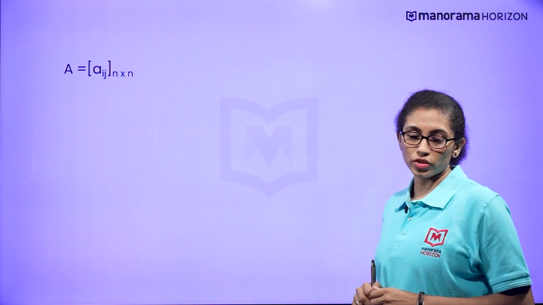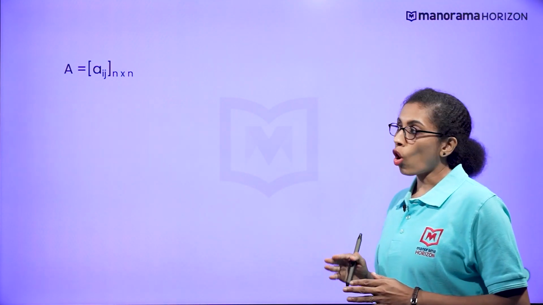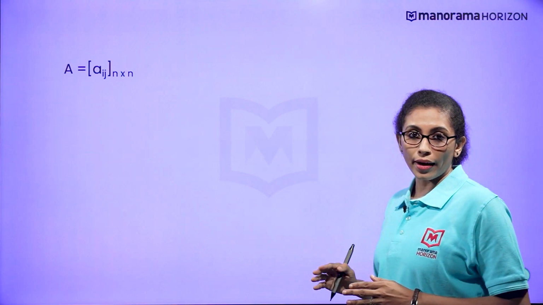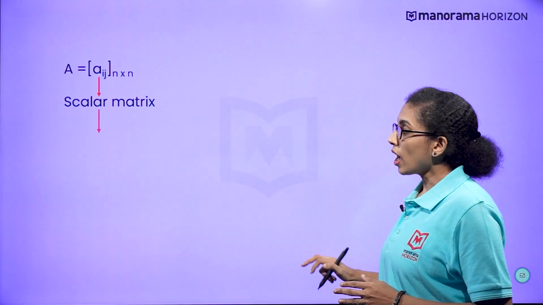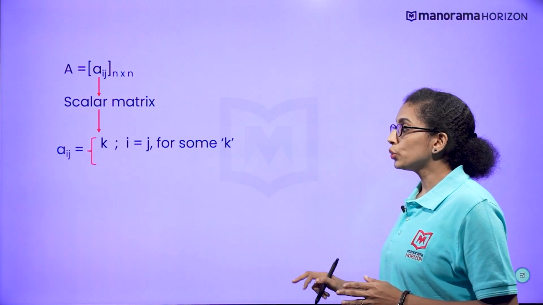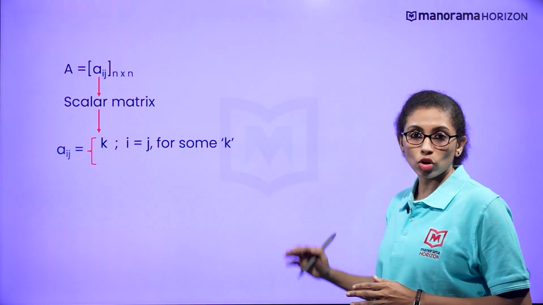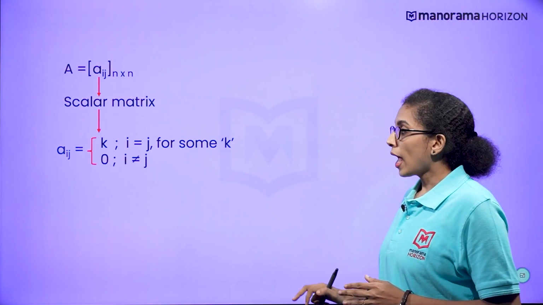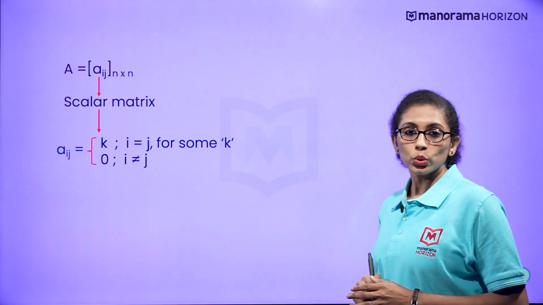Let's see its representation. A square matrix [Aij] of order n by n is a scalar matrix if Aij is equal to k for i equal to j, for some constant k, and Aij is equal to 0 if i is not equal to j.